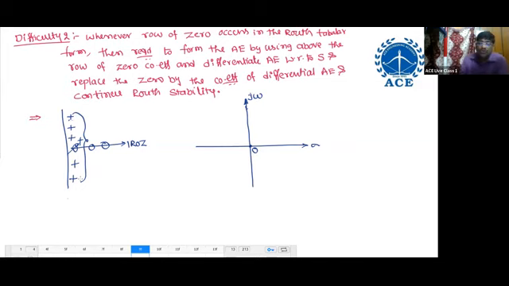That means no pole in the right-hand side. Same sign means no pole on the right. So you should not place any pole on the right.